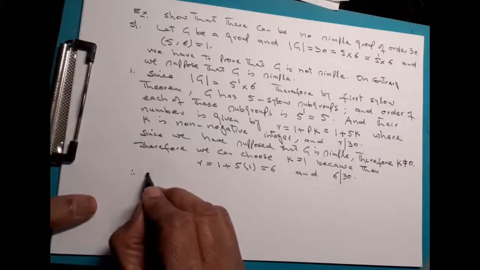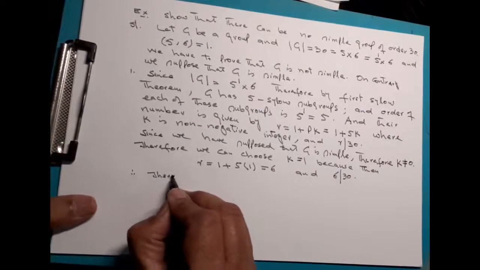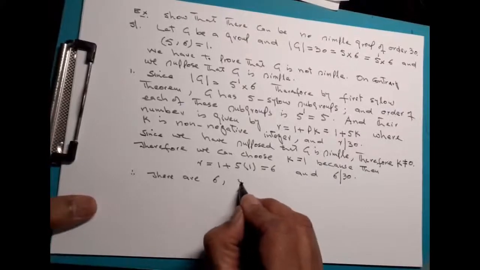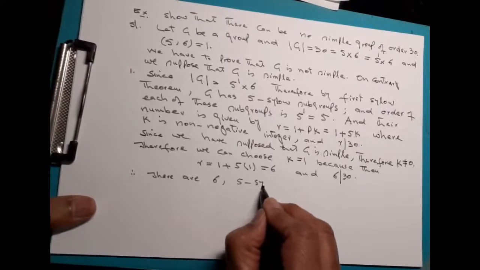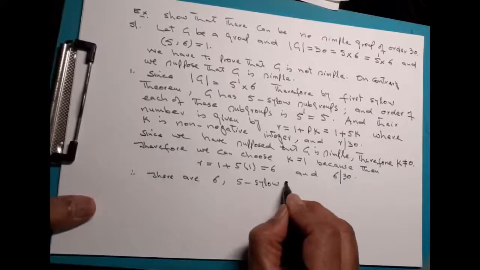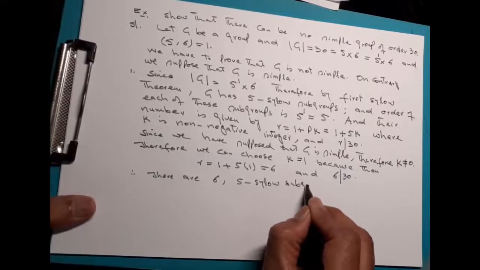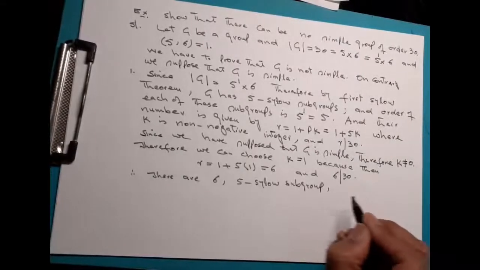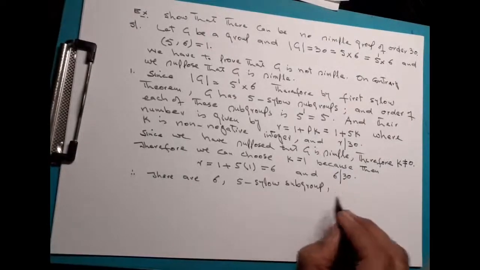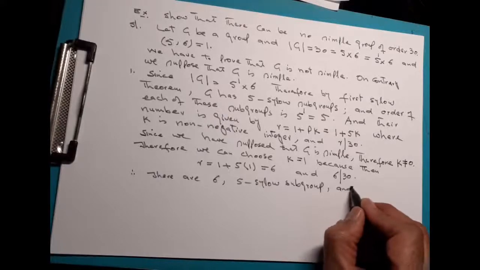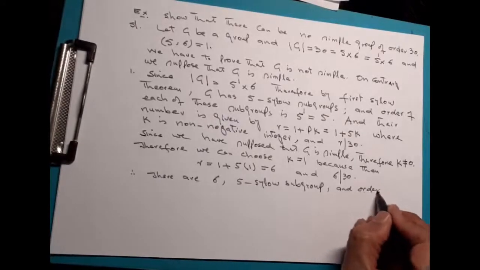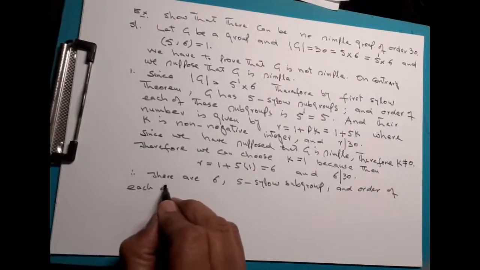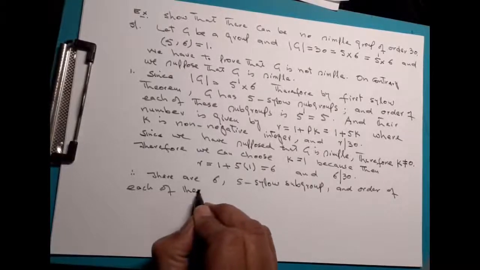So there are 6 5-Sylow subgroups. And the order of each of these subgroups is 5.